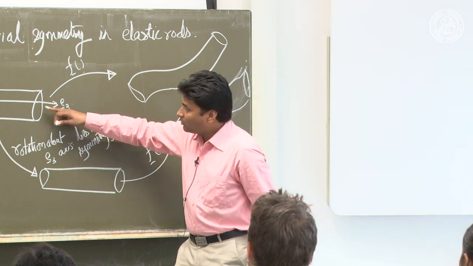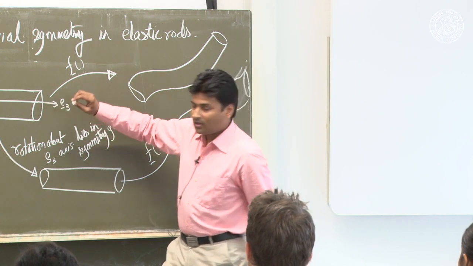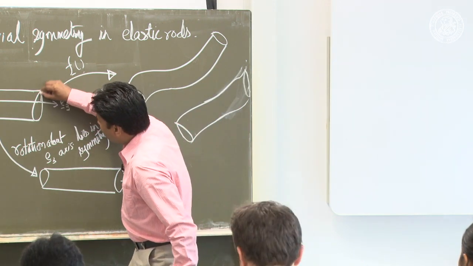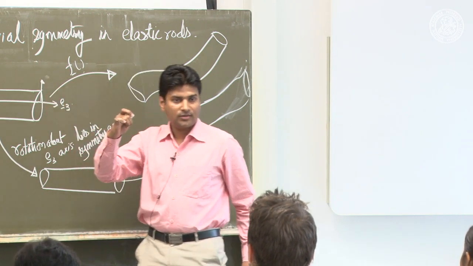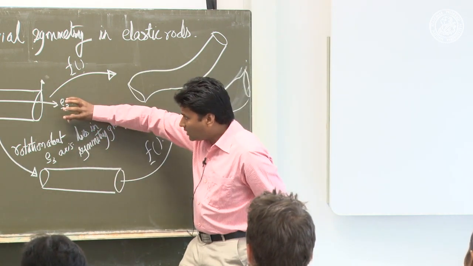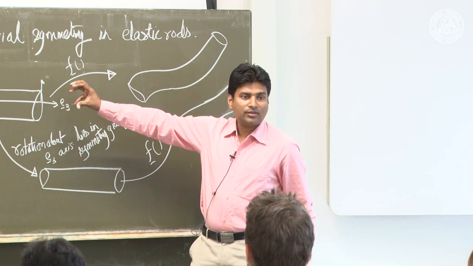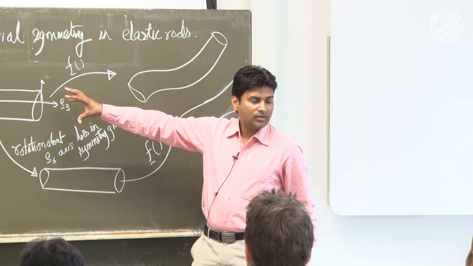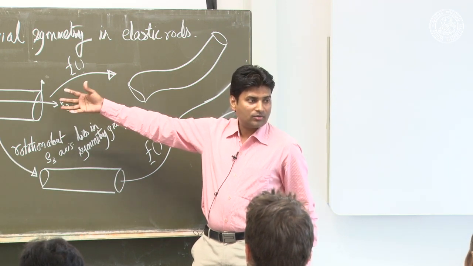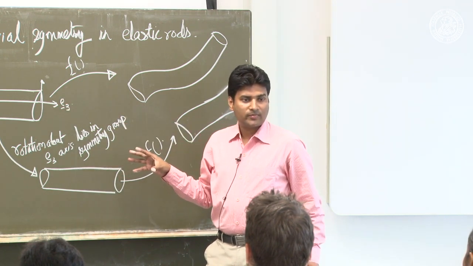For example, if it's an orthotropic material whose one principal axis is in E1 direction and other is in E2 direction, and you rotate by, let's say, 10 degree, then the principal axes are not coinciding with what it was earlier. So it's not the same rod now. So that's not in the symmetry group anymore.